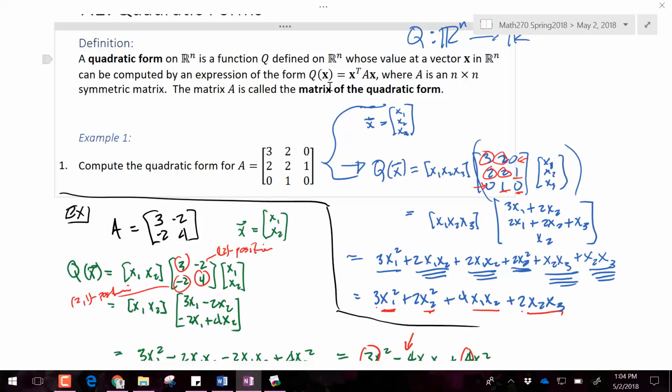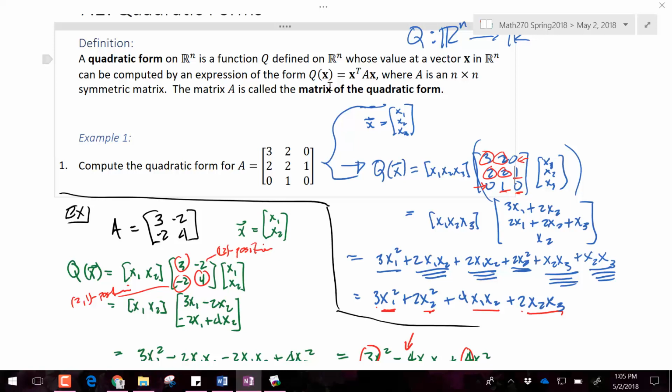And we're doing this because later on we're going to be interested in figuring out the sign of the quadratic form. This is one application. And the sign of the quadratic form will tell us graphically, again, this is an application, whether your quadratic form is positive or negative.